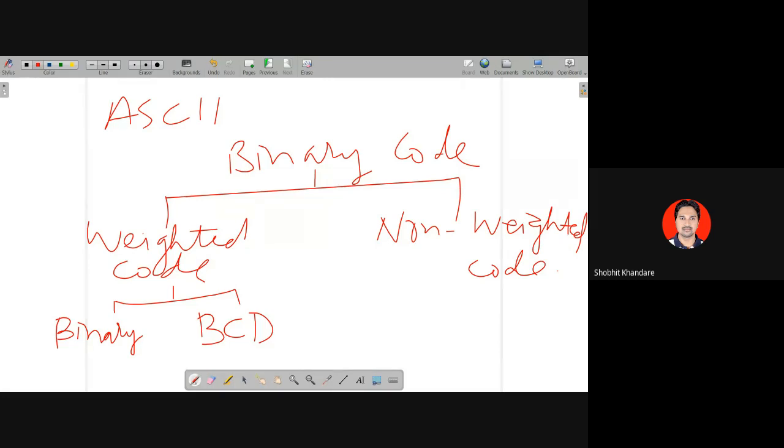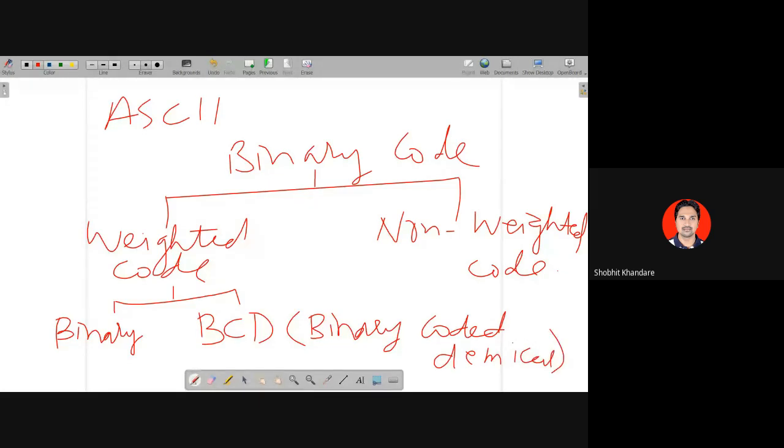The difference between the binary weighted code and BCD. So the full form of BCD is binary coded decimal.